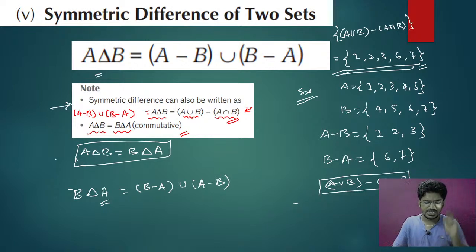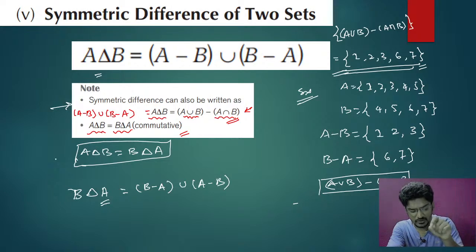Very big difference. So what is the difference between difference of two sets and symmetric difference of two sets? Symmetric difference of two sets is commutative and difference of two sets is non-commutative.